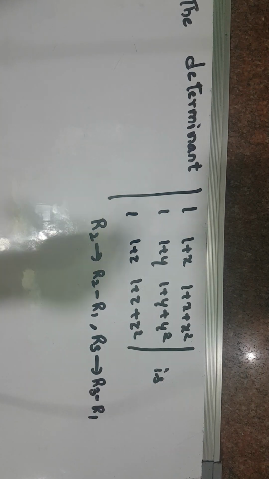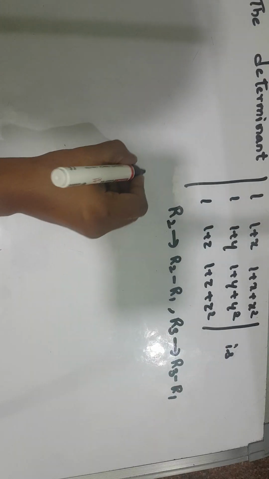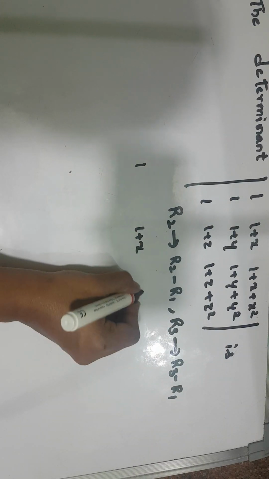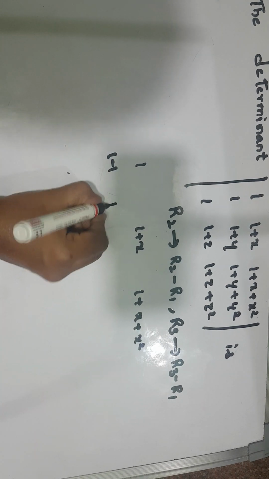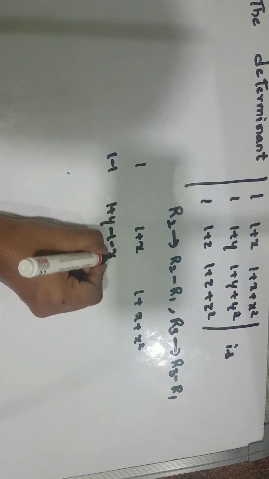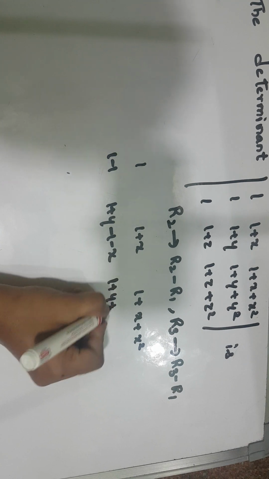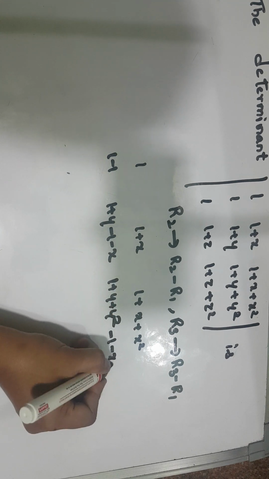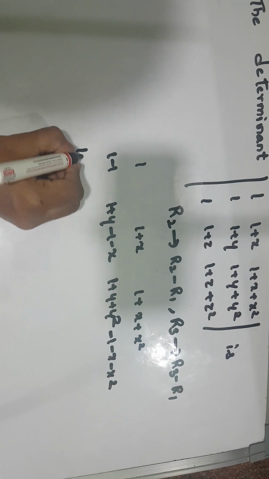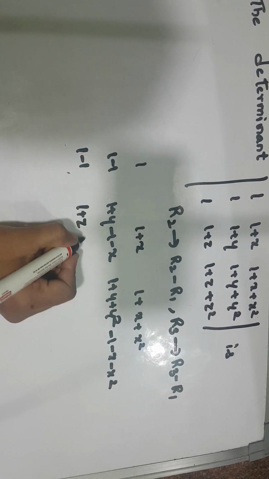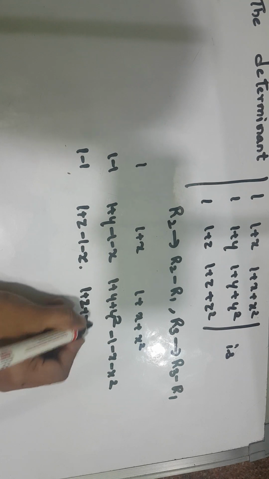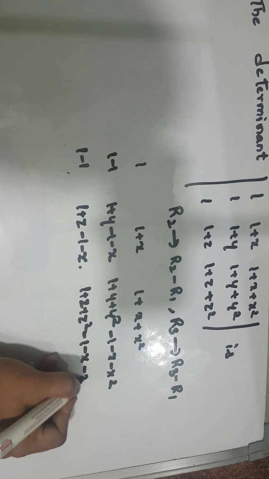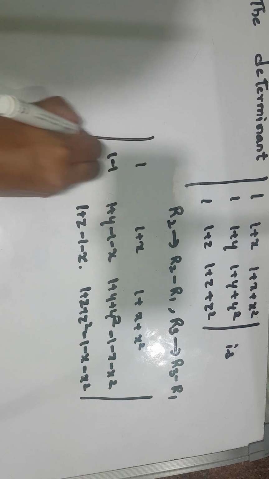What do these values become here: 1 plus x plus x square, 1 minus 1, 1 plus y minus 1 minus x, 1 plus y plus y square minus 1 minus x square, 1 minus 1, 1 plus z minus 1 minus x, 1 plus z square minus 1 minus x square. The value becomes like this.